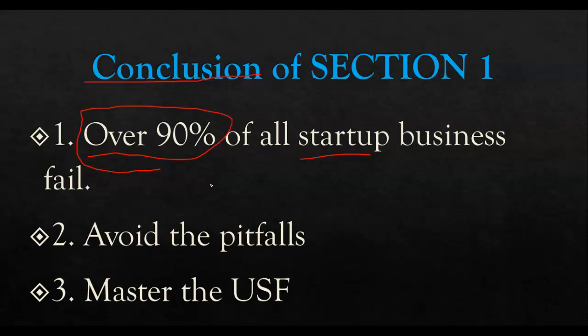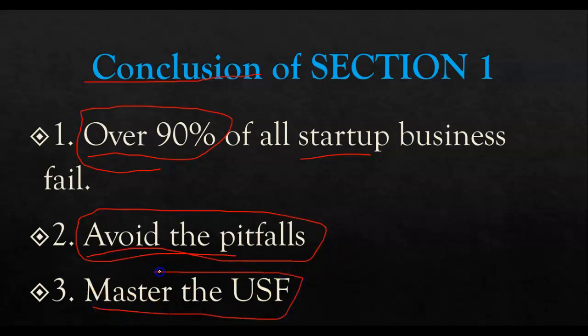Know why those businesses fail, and do everything you can not to follow the same path. Because if you follow the same path, you are going to fail. Number 2, avoid the pitfalls. Don't make the same mistakes. And number 3, master the ultimate success formula.